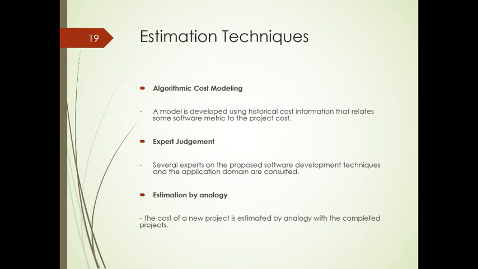There could be algorithms developed to estimate the cost. It could be an expert judgment where a person is an expert and says, okay, this should be the price. Or there could be estimation by analogy, that you spent so much for a project like this before, and this project is similar and therefore would cost the same.